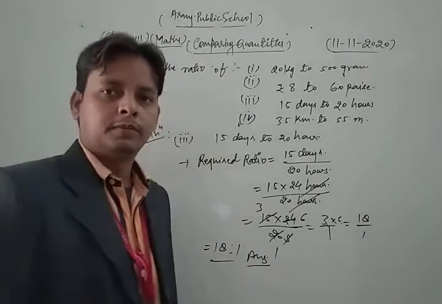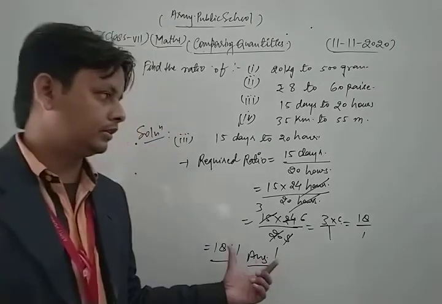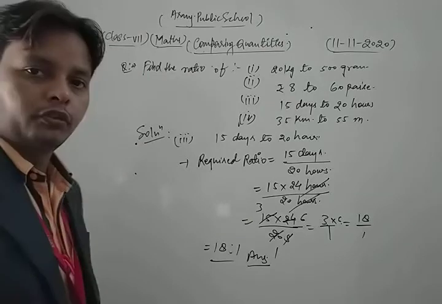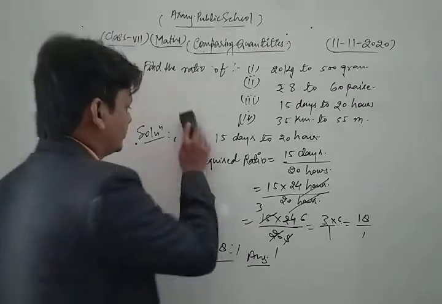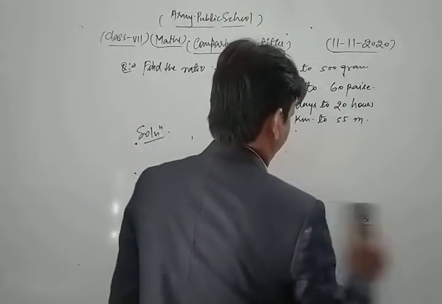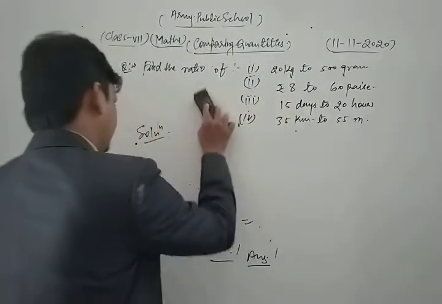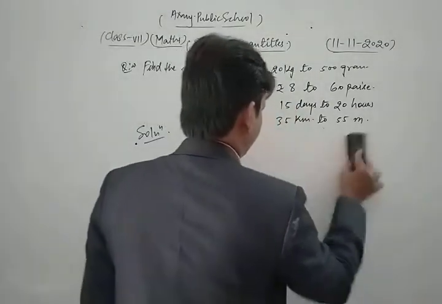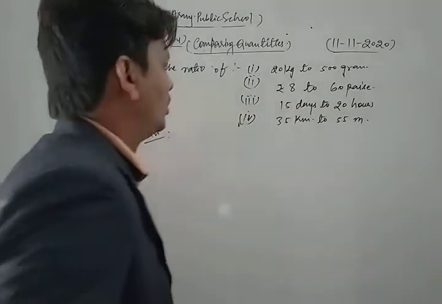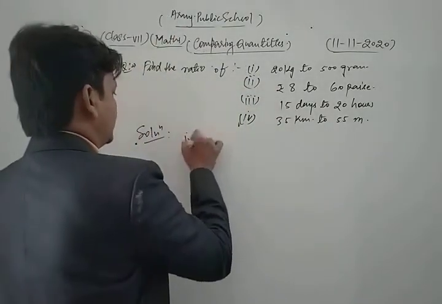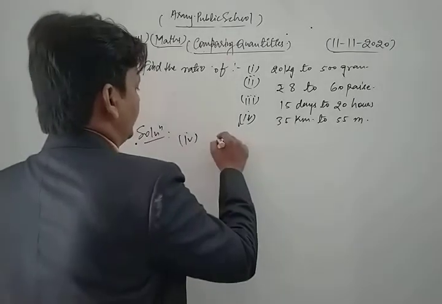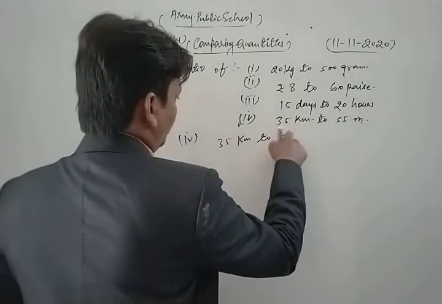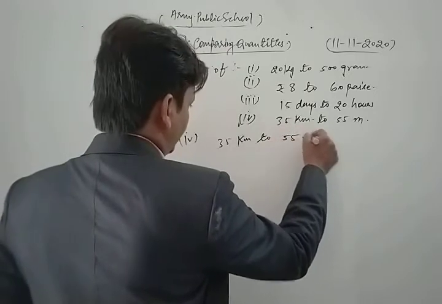Okay, student, so in this way you can solve that question. Similarly, we take and solve the last part, the fourth part of this question. We find the ratio of 35 kilometer to 55 meter.